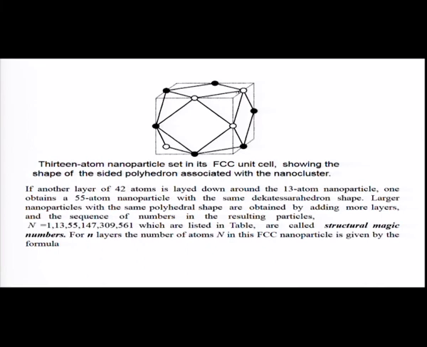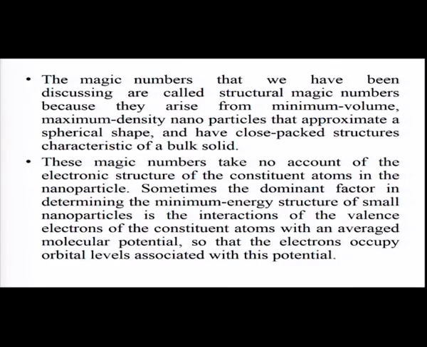The sequence of numbers in the resulting particles, where n is equal to 1, 2, 3 and so on, which are listed in the table, are called structural magic numbers. For n layers, the number of atoms N in these FCC nanoparticles is given by the formula.